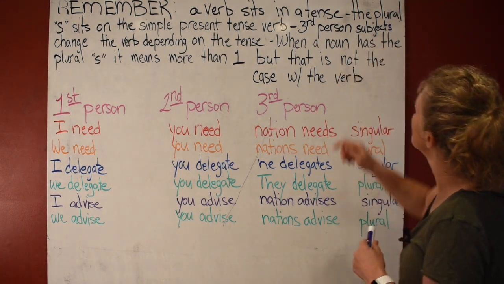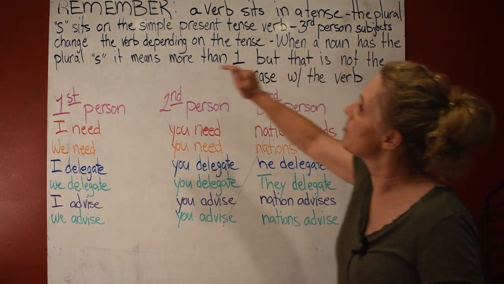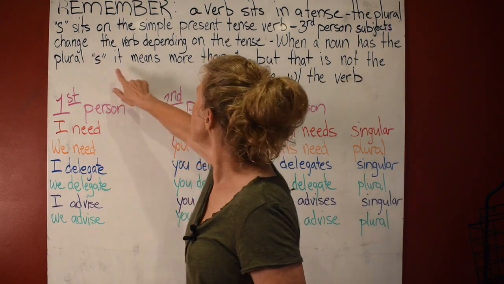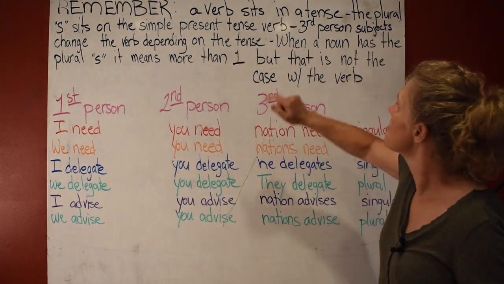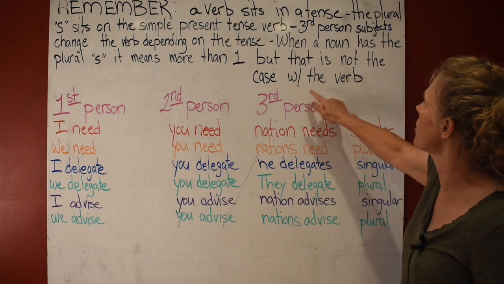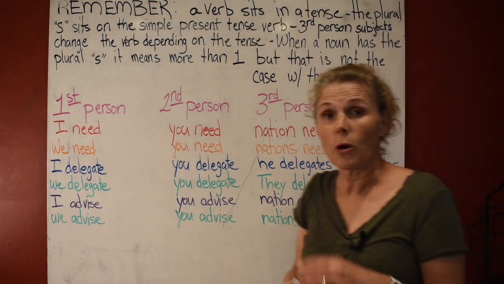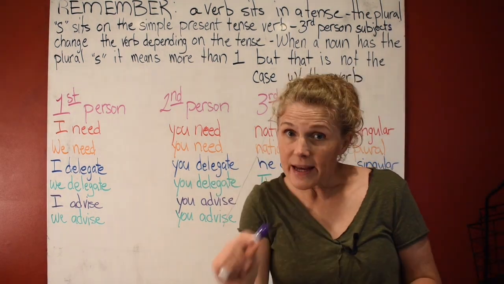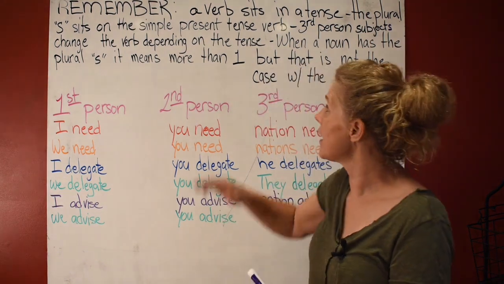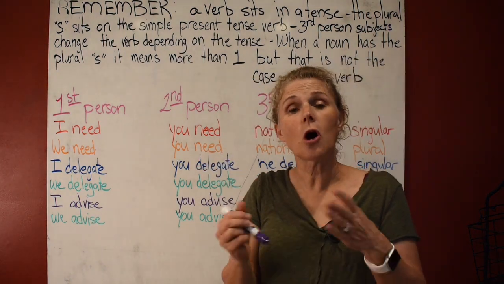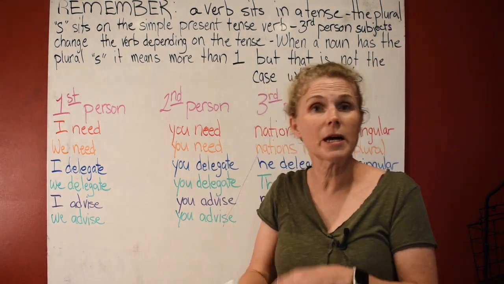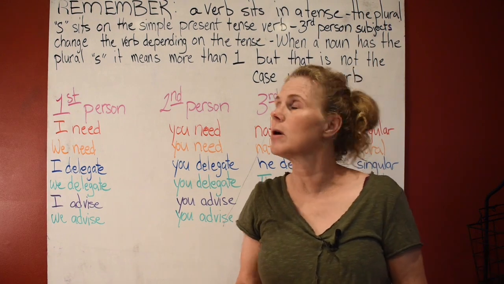All right. When a noun has the plural S, it means more than one, but that is not the case with the verb. So we still call the S or the ES added onto a verb the plural S because it makes things singular or plural.